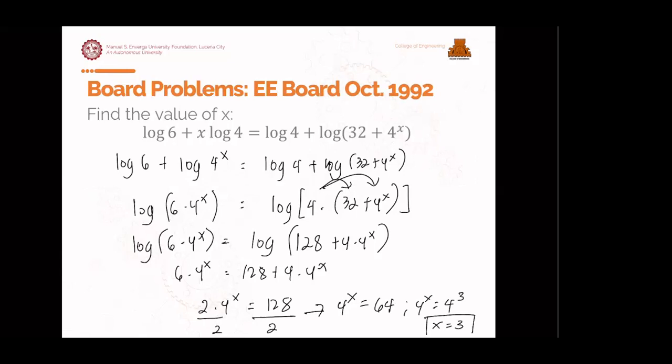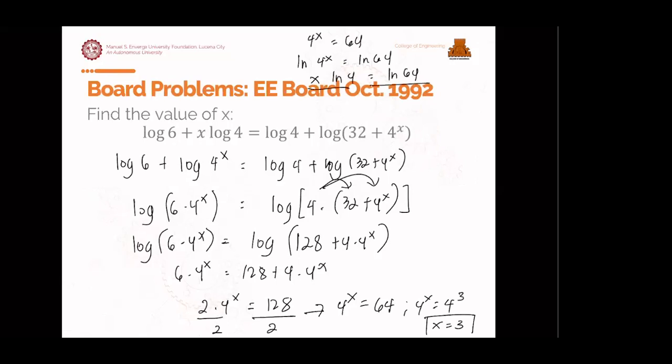Okay? But what if you did not realize that 4 cubed is the equivalent of 64? So, you can apply the natural logarithm, no? So, 4^x is equal to 64. So, ln 4^x is equal to ln 64. So, bring down the x, it becomes x ln 4 is equal to ln 64.